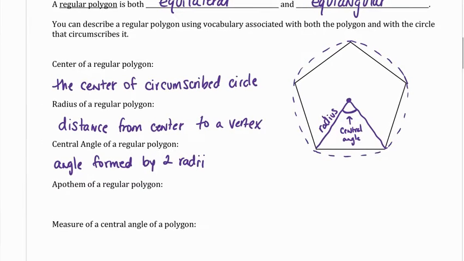Okay, so we can say all central angles are congruent. In a circle, I could put them anywhere, right? But in a polygon, since my radii are always in the same spots, they'll all be the same.